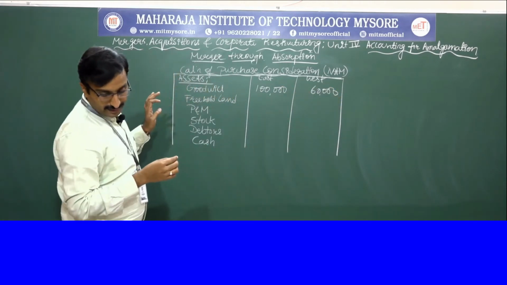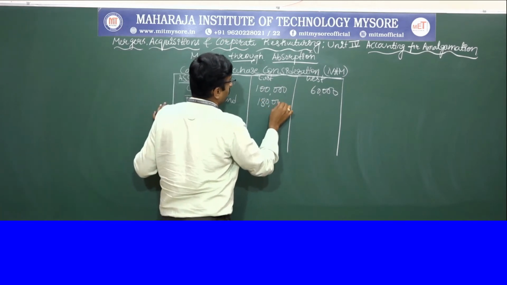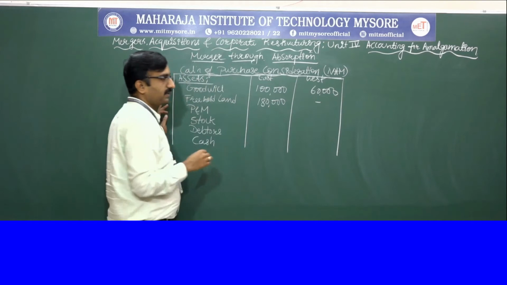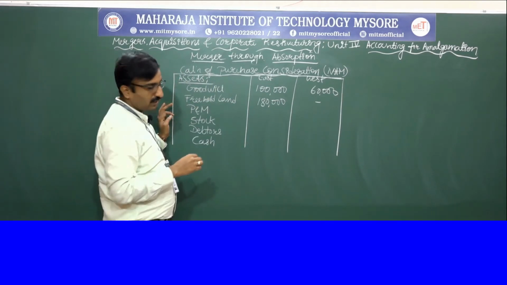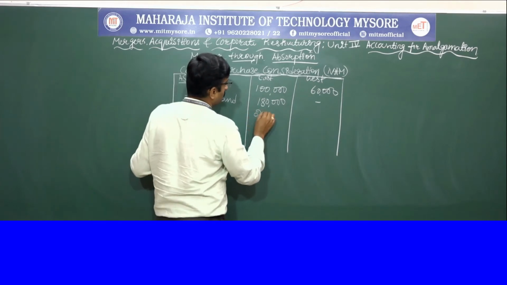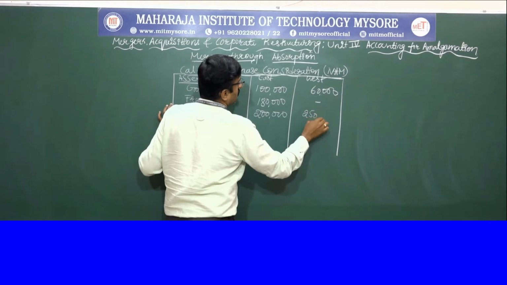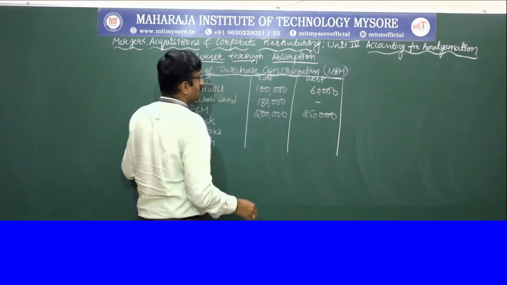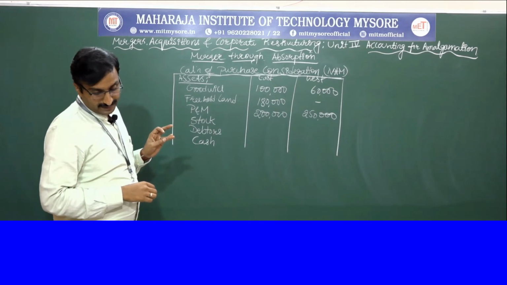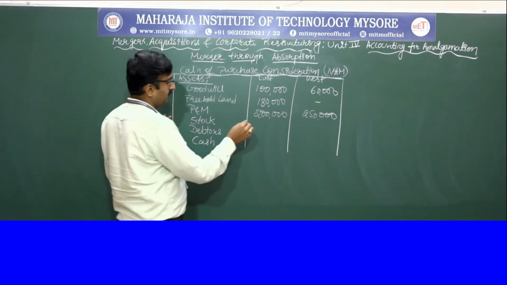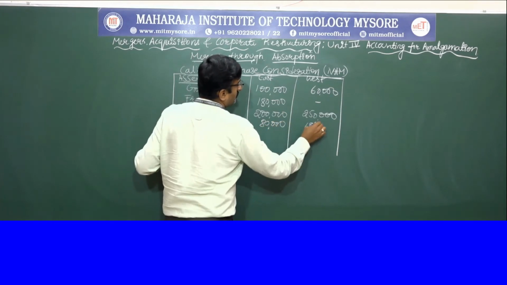Freehold land is 1,80,000 in East Limited and in West Limited it is nil. Next, plant and machinery is 2 lakh and 2,50,000. Stock is 80,000 and 1 lakh.